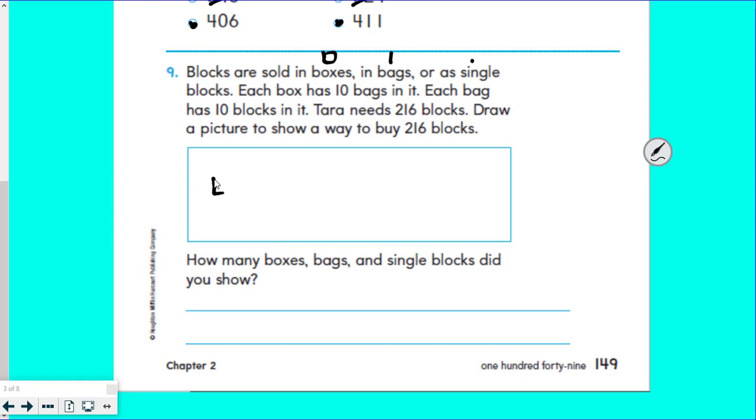So she needs 2 boxes, right? And she needs a 10, so she needs 1 bag, right? There's my bag. Put a little top on it right there like that. And then she needs 6 single blocks.